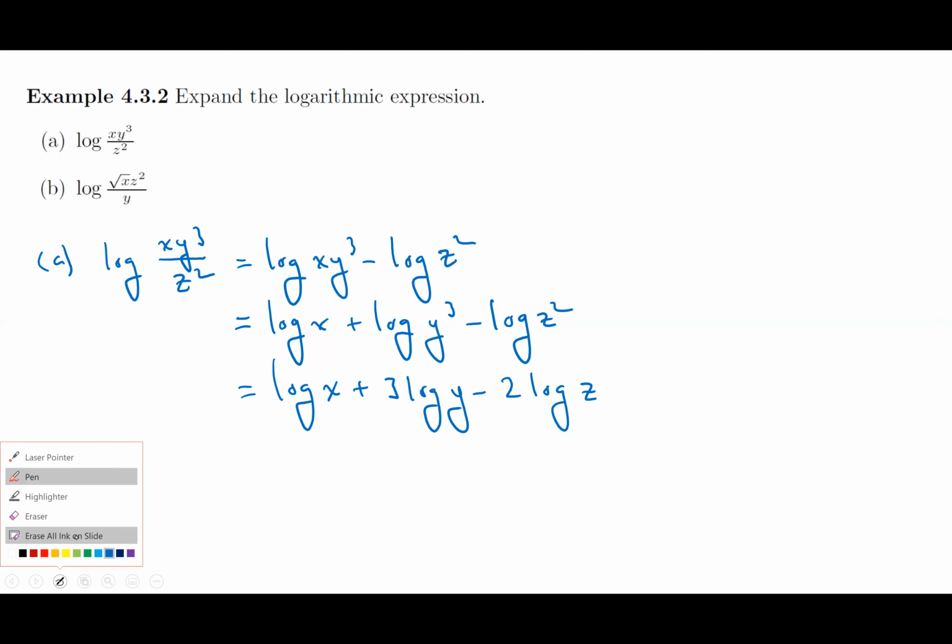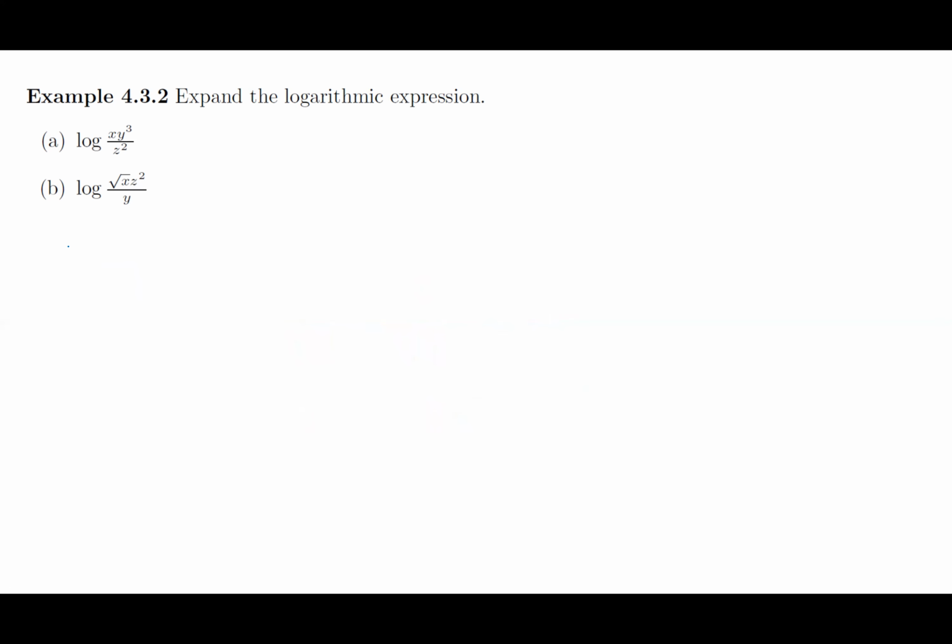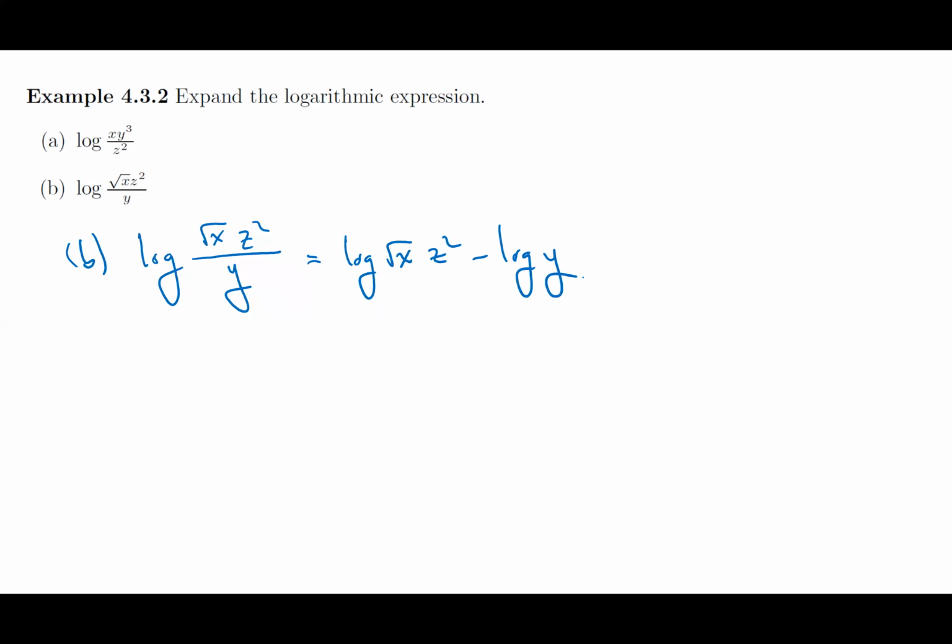Let's try B. Well, again, I'm going to do this, and then I'm going to consider the product.